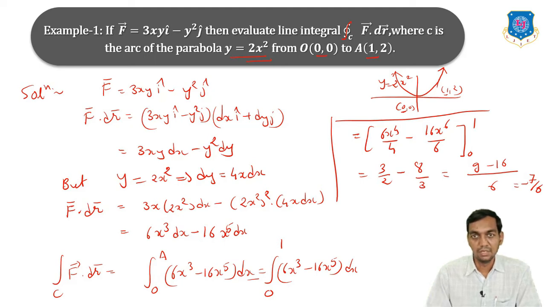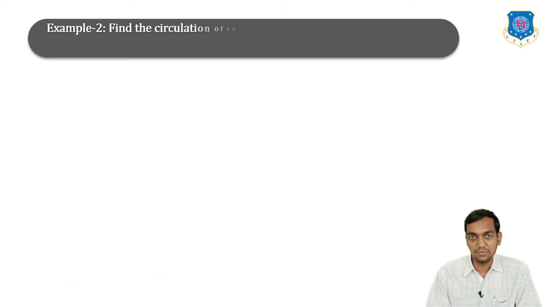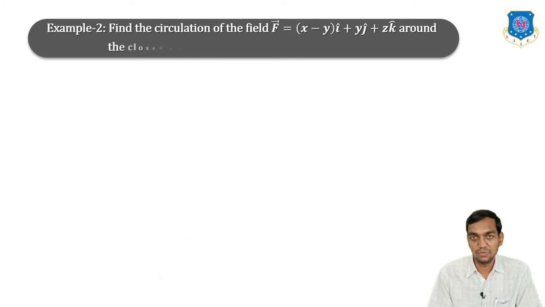In the same manner, second example: find the circulation of the field F bar equal to (x minus y) i plus y j plus z k around the curve r bar equal to cos t i plus sin t j, with limits from 0 to 2 pi.